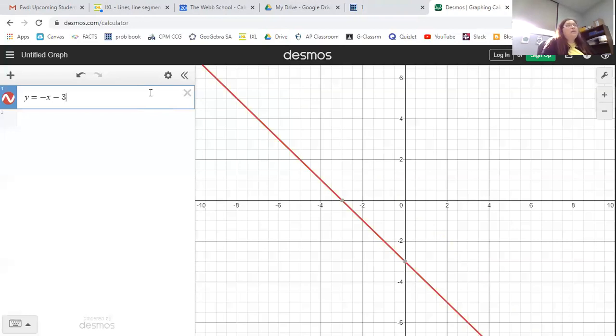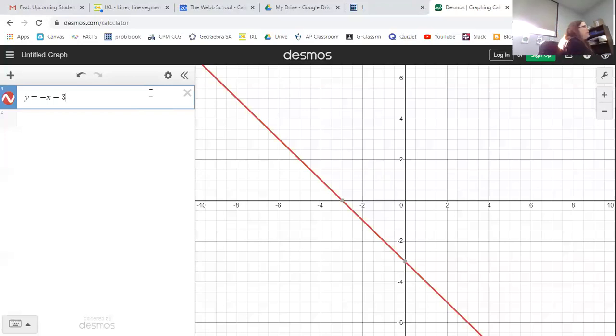And there's my line, y equals negative x minus 3. You didn't have to find the slope, you didn't have to find the intercept, it did all of it for you, boom, it's graphed. And you see off to the side where y equals negative x minus 3, to the left of that equation, there's a little red ball with a swoop in it, and the color of our line is red.